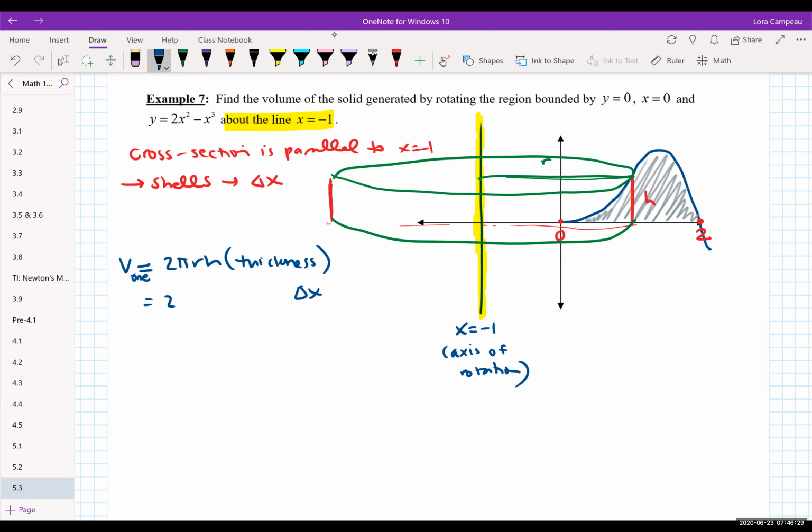So the next thing is understanding what your r and your h are in terms of the curve and x values and y values. I'm going to color code them based on what I labeled on the picture. So let's go back and think: our radius is the horizontal distance.